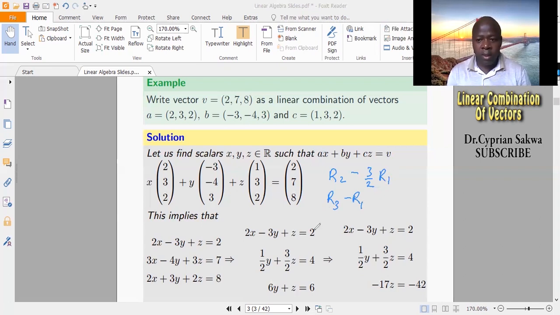So the first row remains where it is. I want a 0 in this position. I take negative 4y minus 3 over 2 of row 1, which is negative 3y. This gives me the LCM as 2, and this would be negative 8y minus, it becomes plus, 6y.